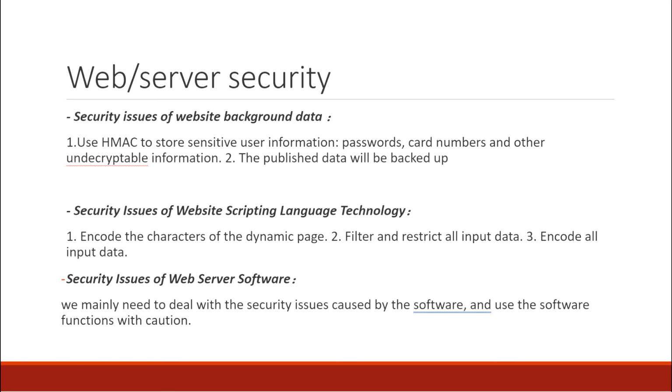The second issue is website scripting language technology. Scripting language can bring flexibility to page design in website construction, but it also brings a series of security problems. If some users enter destructive script code through forms, then the website will have security problems.